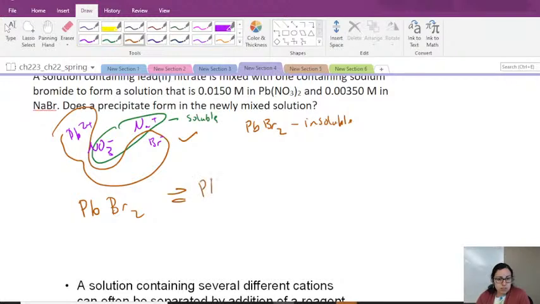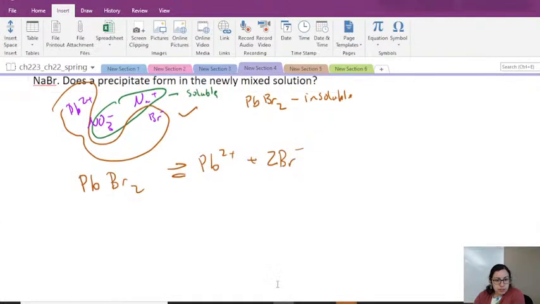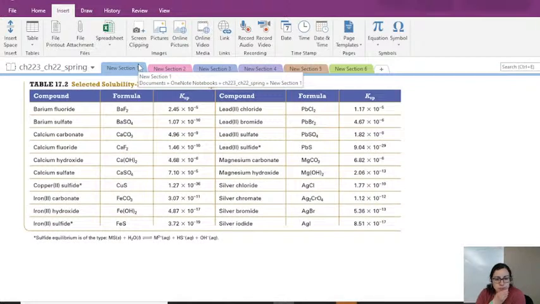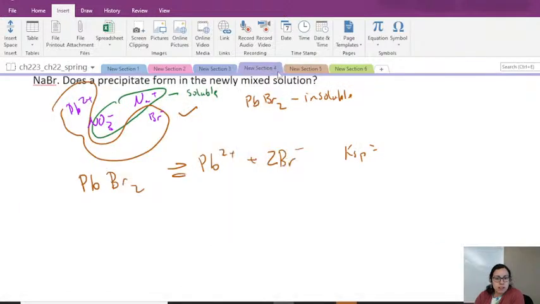And of course it's going to dissociate, make lead, and drop my 2 there. So something like that. And let's get our KSP. Let's see, is lead bromide under here? Lead bromide, so 4.67 times 10 to the negative 6.